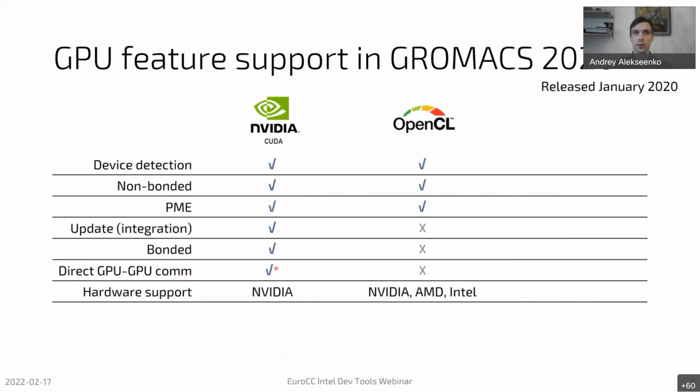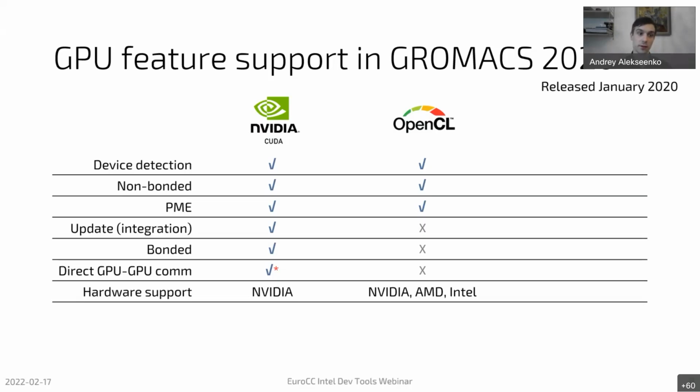So when the SYCL porting project started in September 2020, GROMACS only supported NVIDIA CUDA and OpenCL. CUDA was the oldest and much more developed framework, so it had most features ported to GPU, but obviously, this being CUDA, it could only support NVIDIA hardware.